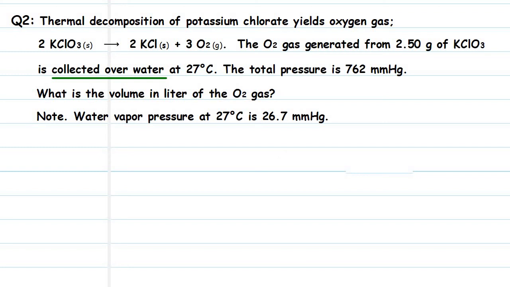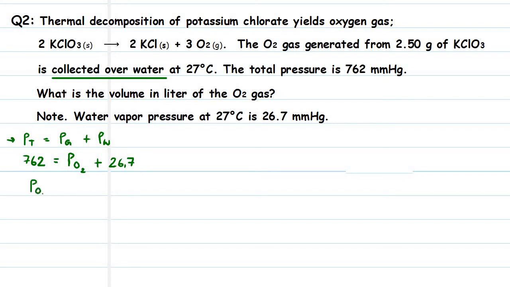Since we see the words collected over water, most likely we're going to be using P total equal to P gas plus P water, and we can plug it in. P total is 762 mmHg, and P gas is P oxygen, and P water is 26.7 mmHg.